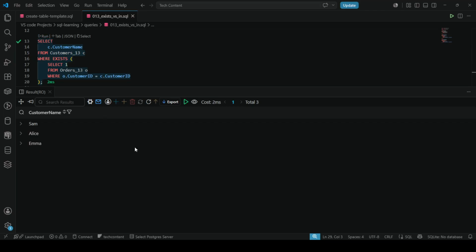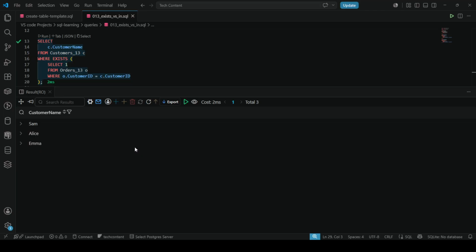Here, this query looks slightly different. EXISTS checks whether the subquery returns at least one row. For Sam, SQL checks the orders table: does one order exist where the customer ID matches Sam? If yes, then Sam is returned.